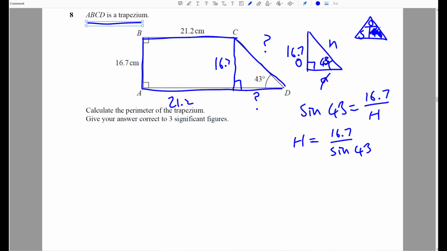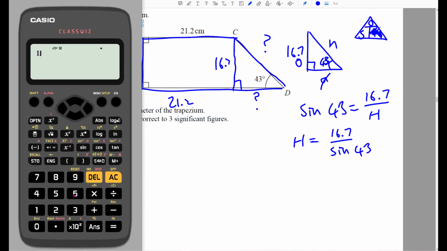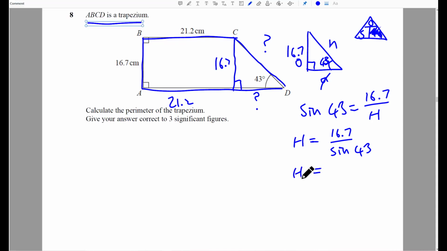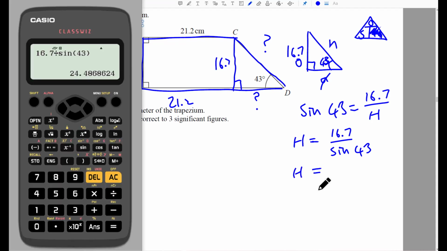Let's do that on our calculator. 16.7 divided by sine 43. Says it's 24.48. I'm going to use the figure rounded up to 3 decimal places.